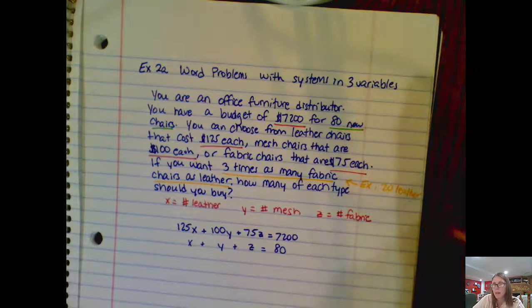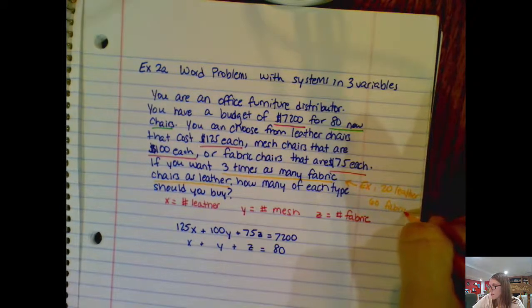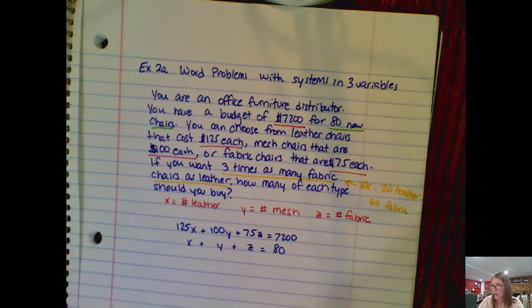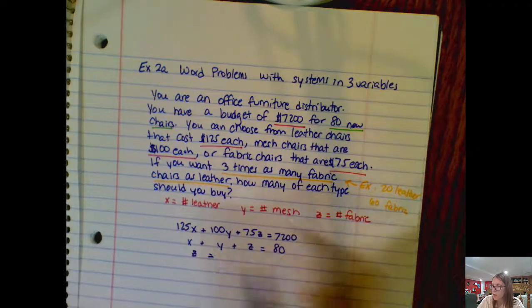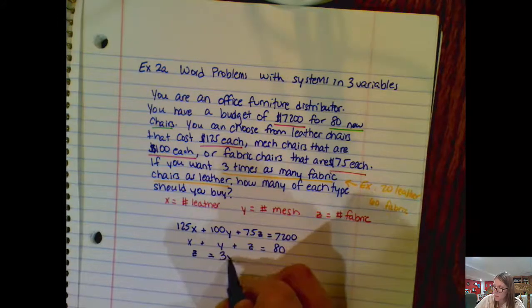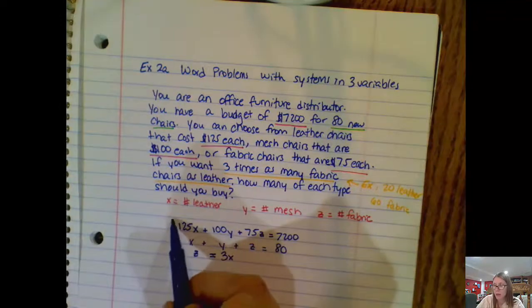For example, 20 leather and 60 fabric. So our number of fabric chairs was 3 times the number of leather. Again, our number of fabric chairs, z, was 3 times the amount of leather. So z equals 3x is my third equation.